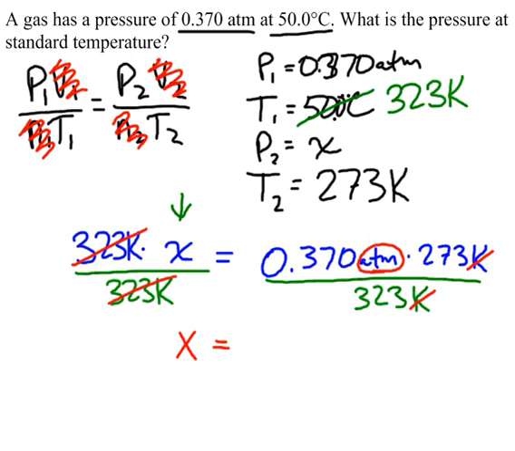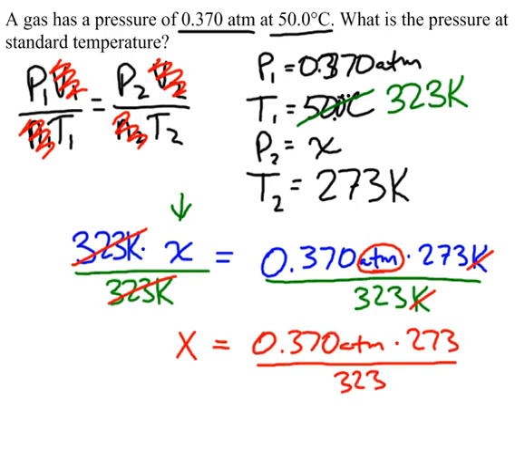All right, so what I'm really going to end up having is, let's see, if you want to just do the top multiplication first and then do your bottom division. So you would have 0.370 atmospheres times 273, and then divide that by 323, since your units are now gone. So if you do that math, 101 comes from 0.370 times 273, and I need to make sure I keep 3 sig figs.